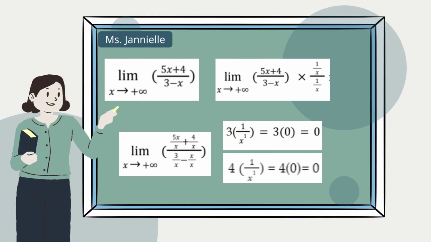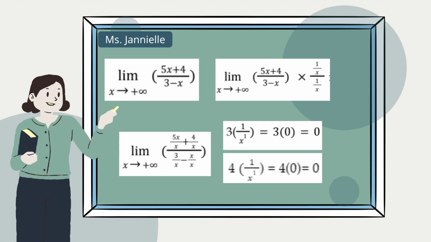Next, we will apply the theorem for 1 over x, both in 4 over x and 3 over x. We have here 4 over x, so 4 times 1 over x is equal to 4 times 0, which is equal to 0.